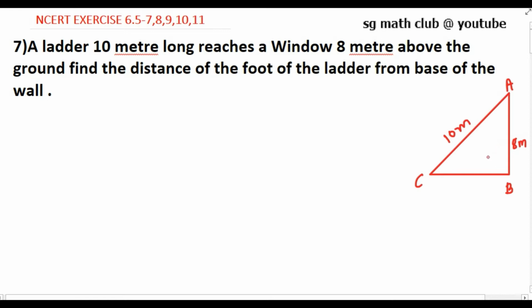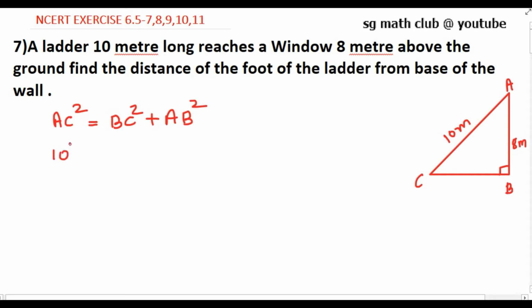So this forms a right angle triangle. So we can apply the Pythagoras theorem. Pythagoras theorem states that the square of hypotenuse, here AC is the hypotenuse, is equal to sum of square of other two sides.